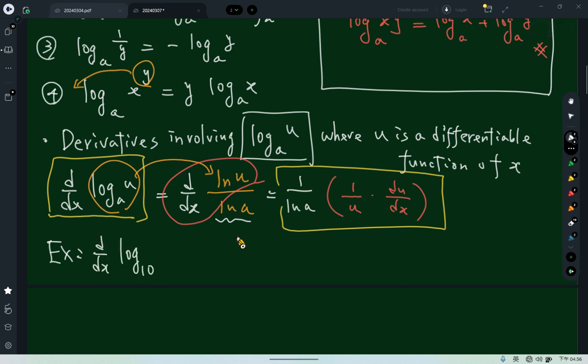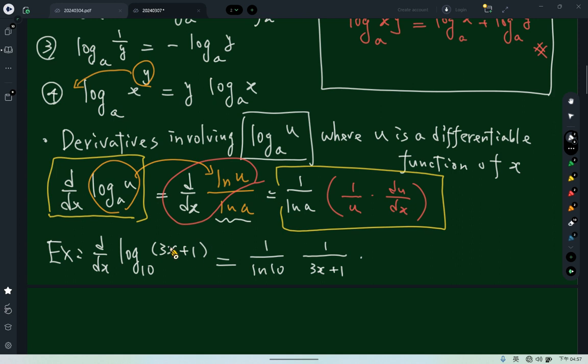Okay, so we can have a quick example. For example, if we want to differentiate logarithm 10 base 3x plus 1. So by following this, the first term will be 1 over ln 10. Then we will have 1 over 3x plus 1. Then we need to differentiate u, right?